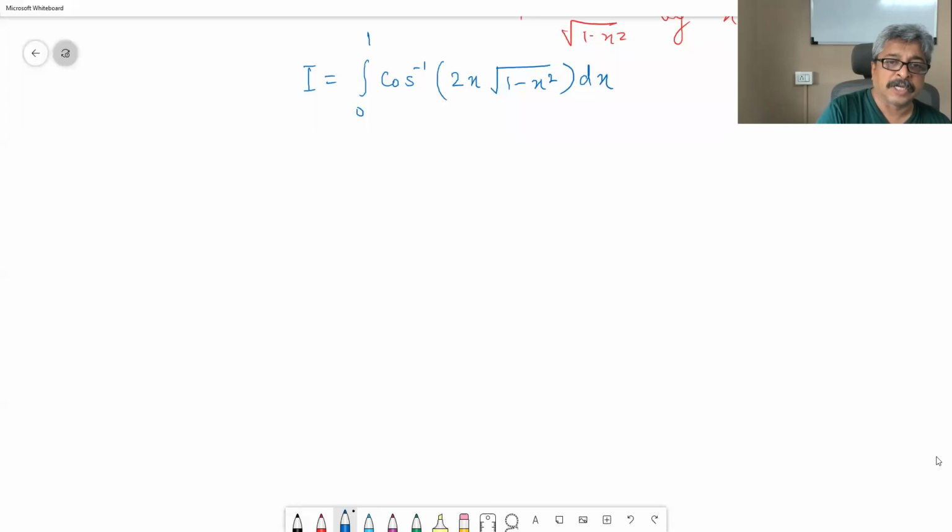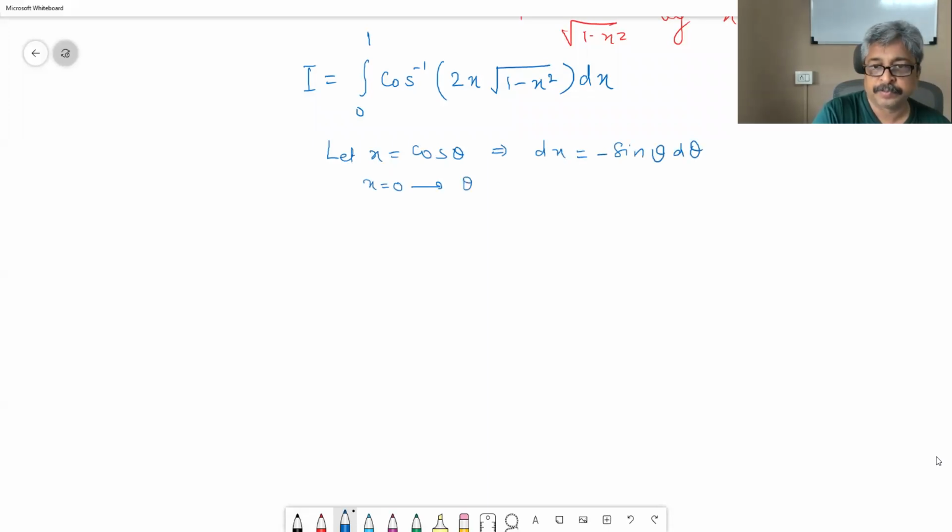X is equal to cos theta. Therefore, dx is equal to minus sine theta d theta. If x is equal to 0, theta is equal to pi by 2. And if x is equal to 1, theta is equal to 0.